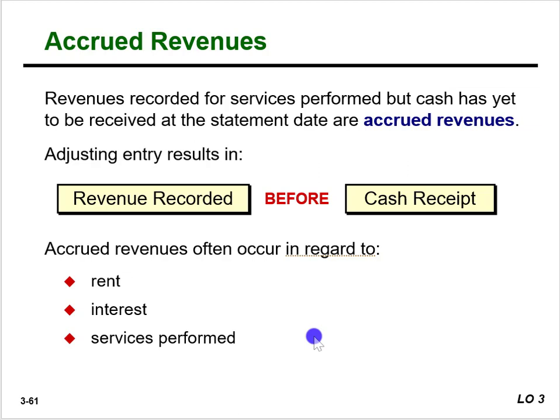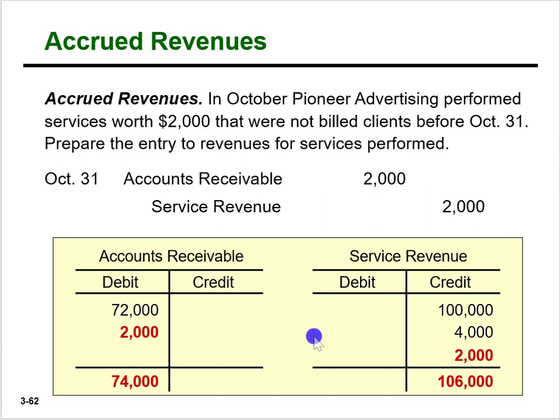And so this typically happens if something happens at the end of the period where you haven't collected for a service you performed, you're able to recognize the revenue. And this is the process that you take. And so in October, Pioneer Advertising performed services for $2,000 that were not billed to clients before October 31st. Prepare the entry to record revenues for services performed.